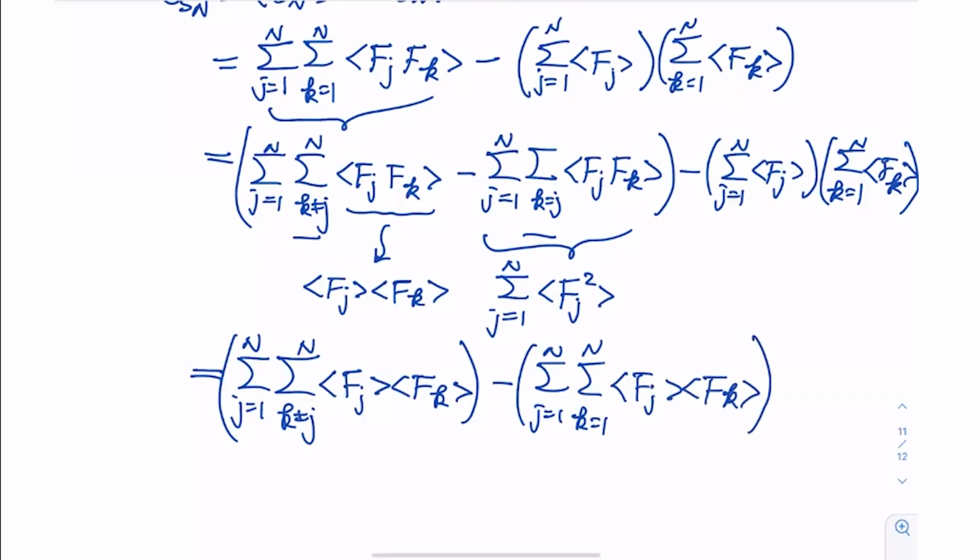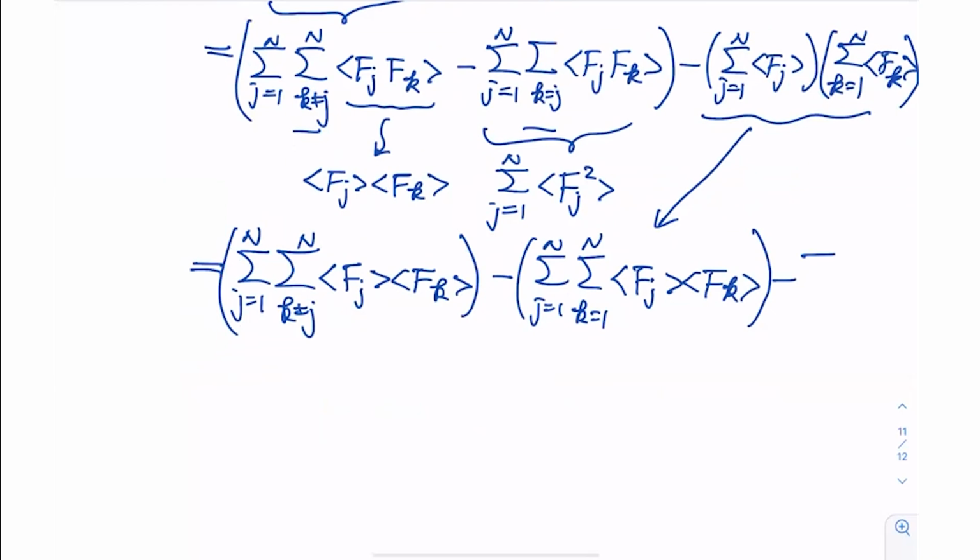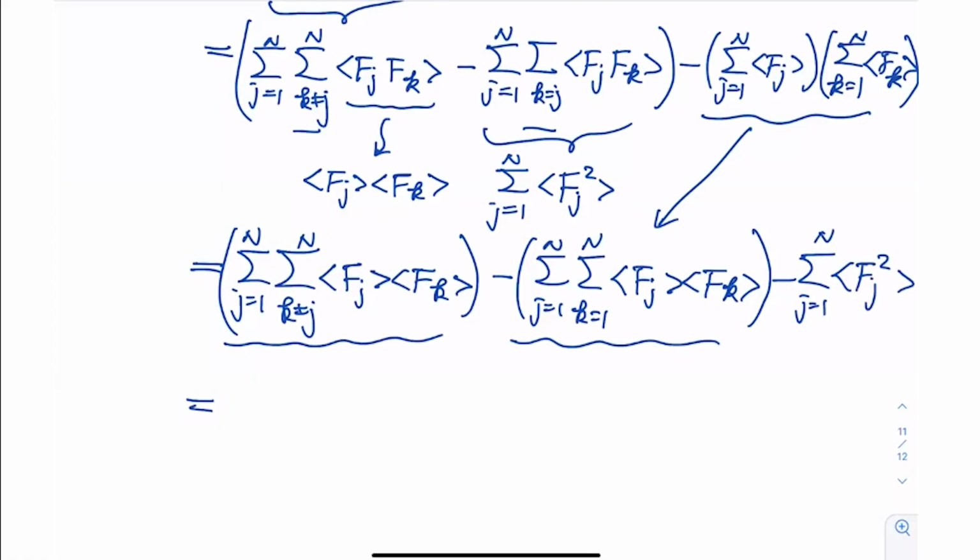This term is just the last term, I just grab it here, and I keep the fj squared untouched.